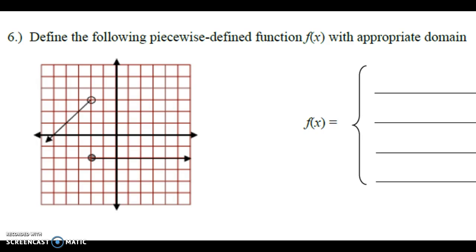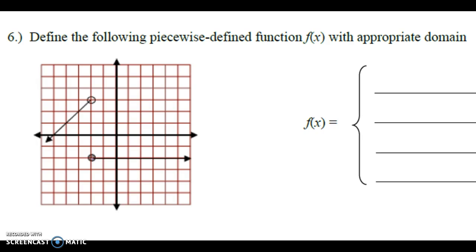All right, here's another one, and in this case, we are being asked to determine the function itself, which just means that we want to get the equation of the line, and we're going to determine the domain or the interval over which that line is defined. So let's look at the easiest part first.